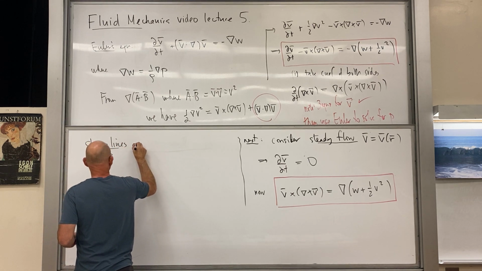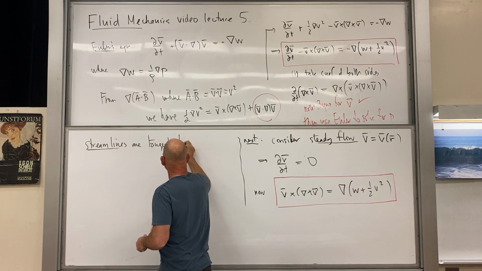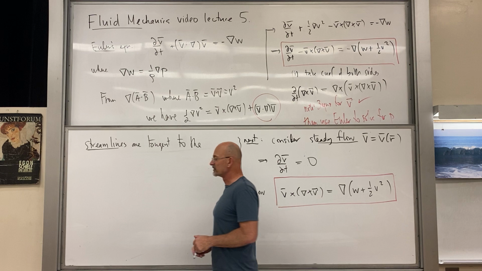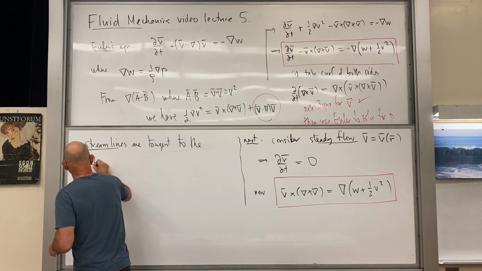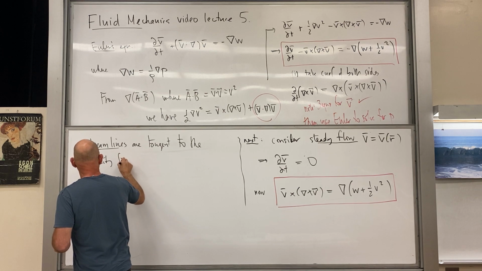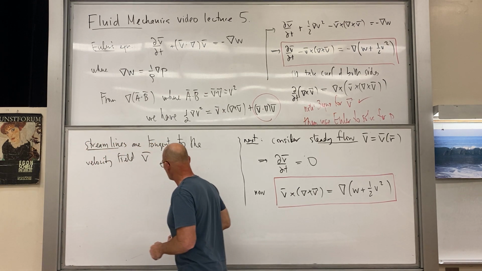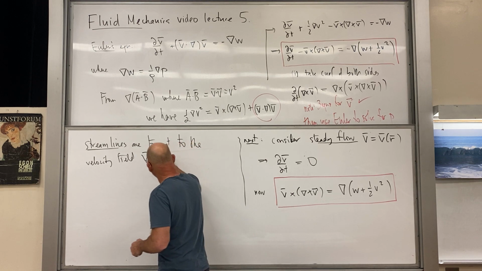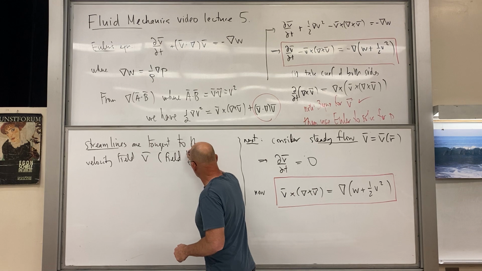Streamlines are tangent to the vector field, the velocity field V. So I'll even put here parenthetically field lines, because we've heard about that before.